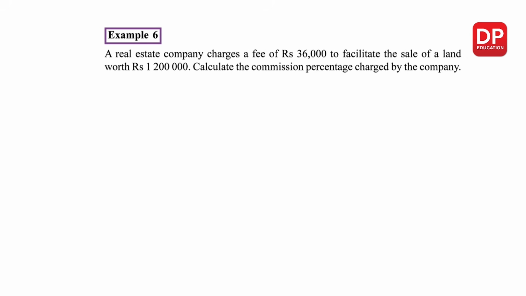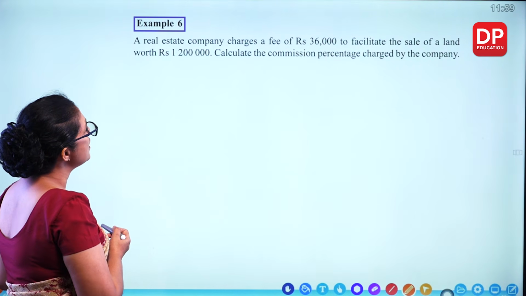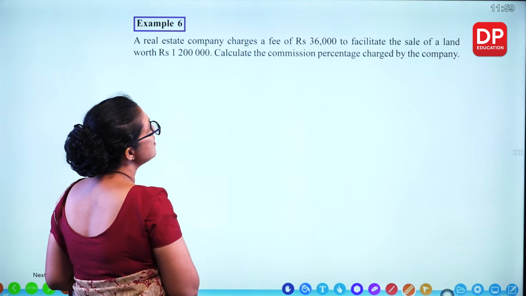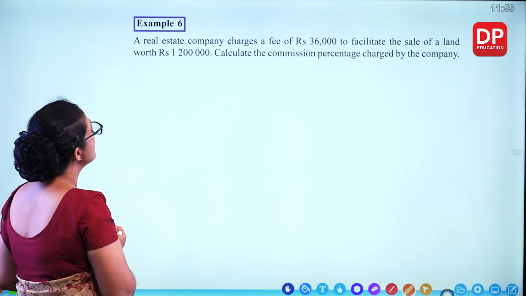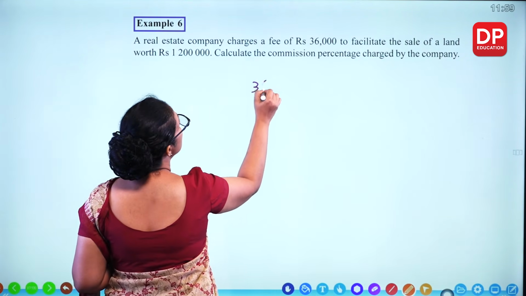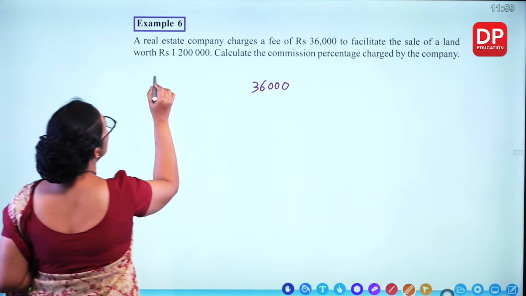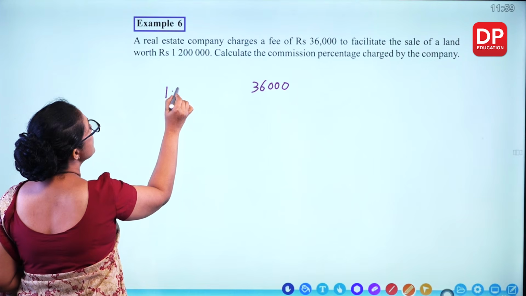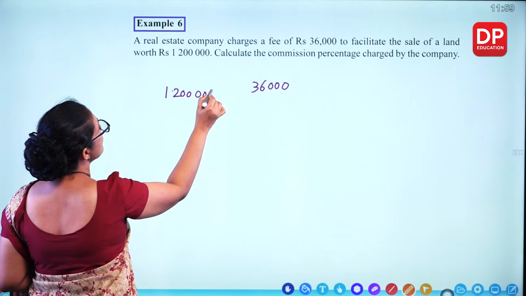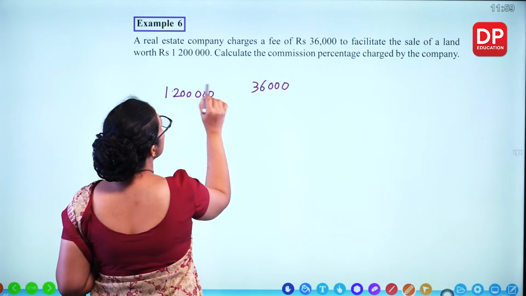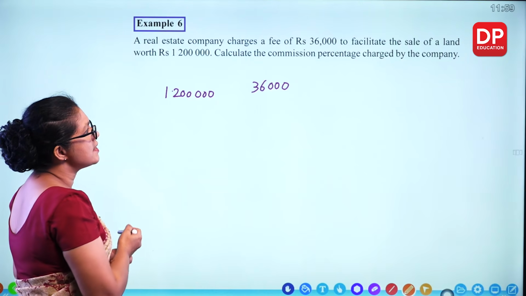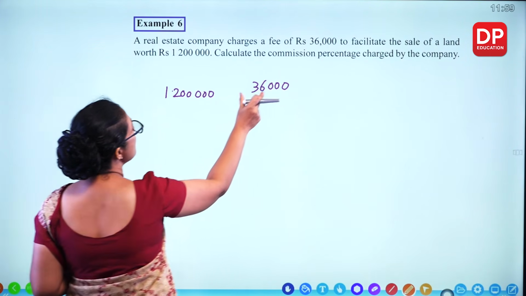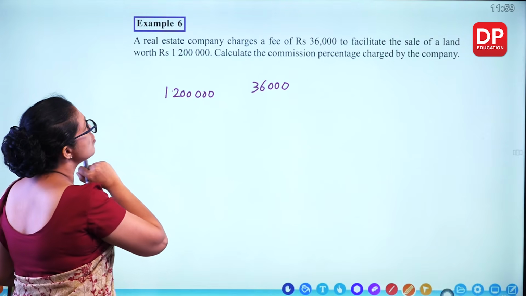Example number 6. A real estate company charges a fee of 36,000 to facilitate the sale of a land worth 1,200,000 rupees. Calculate the commission percentage charged by the company. So this is the commission value and this is the initial value.